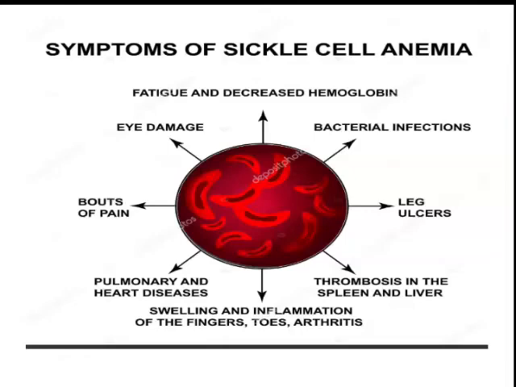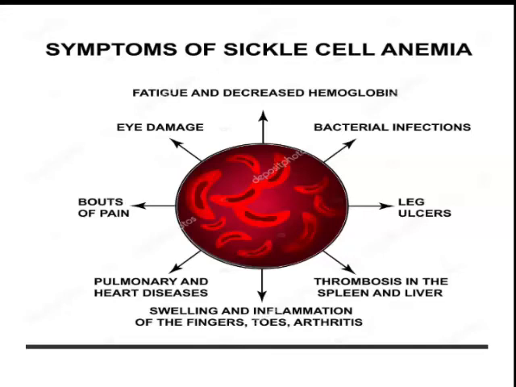So what are the symptoms? Of course the patient will show fatigue, and if you check the hemoglobin, it will be decreased. They have a high chance of getting bacterial infections, and almost all the organs will be damaged because of the sickle cell crisis, causing eye damage, bouts of pain, as I showed you, because of the sharp sickle hemoglobin, the patient may show severe pain, pulmonary and heart diseases, thrombosis in the spleen and liver.